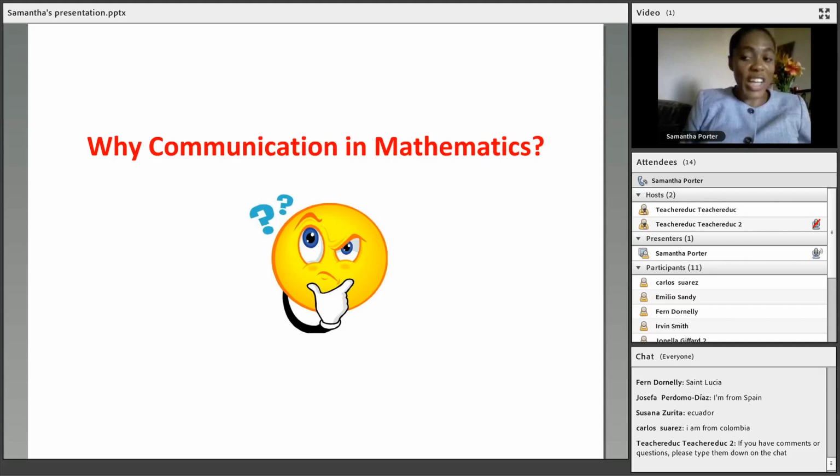When students are challenged to think and reason about mathematics and to communicate the results of their thinking to others, both orally or in writing, they learn to be clear and convincing.